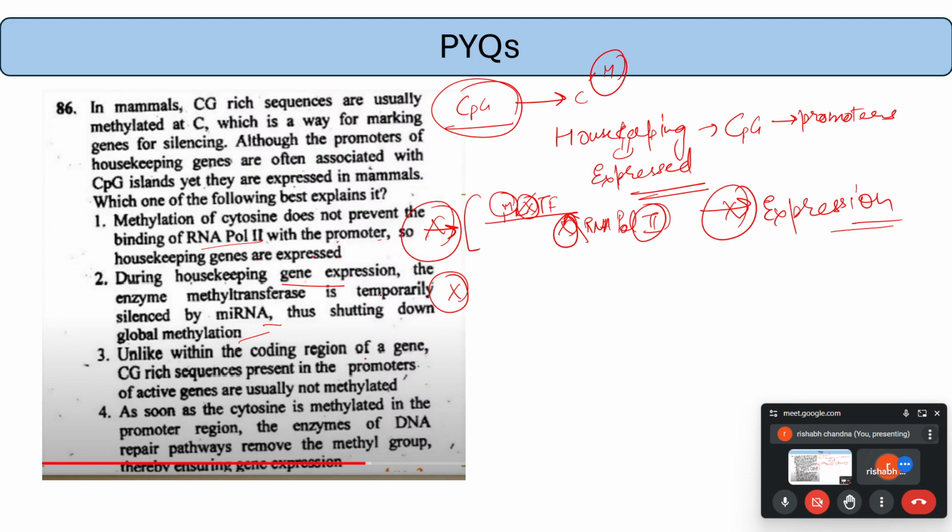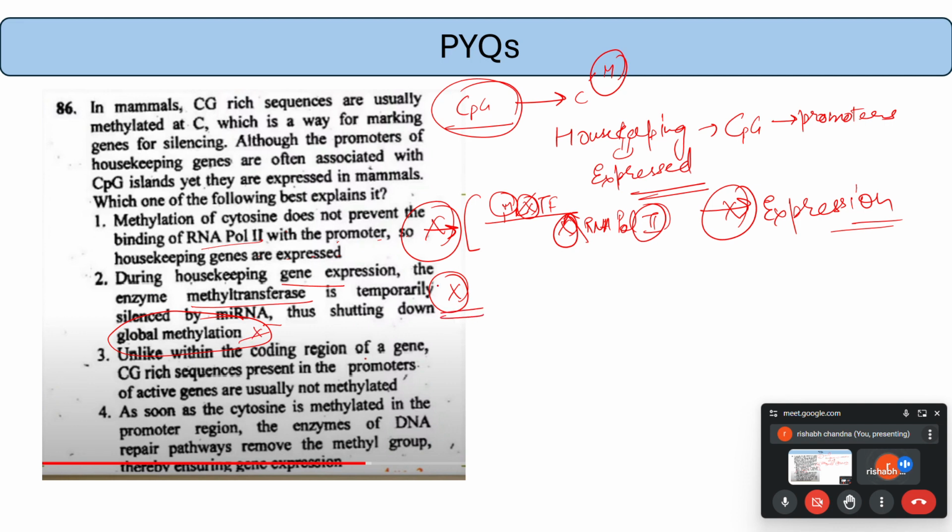So the global methylation cannot be shut down at a single stretch, because that will hamper the full process of transcription and expression of the gene, because that will lead to the expression of some genes that are not involved at that particular time of development. Here a specific microRNA can inhibit a specific methyltransferase, that is a different story, but the global methylation cannot be affected. So this option is also wrong.